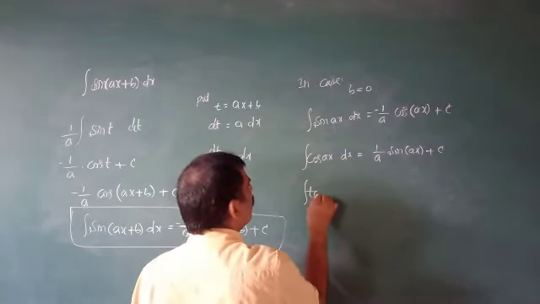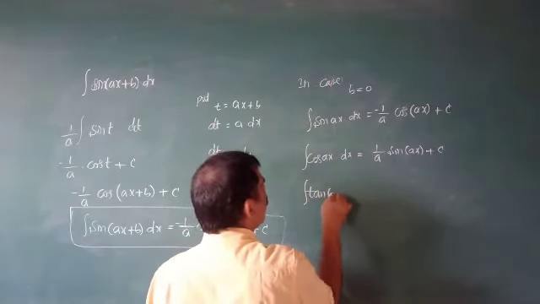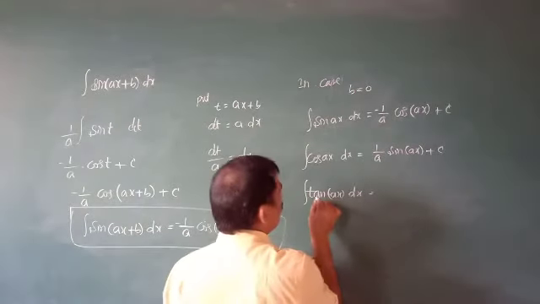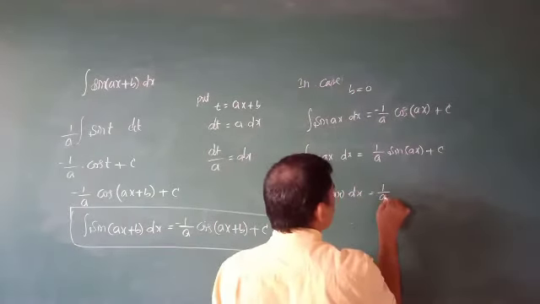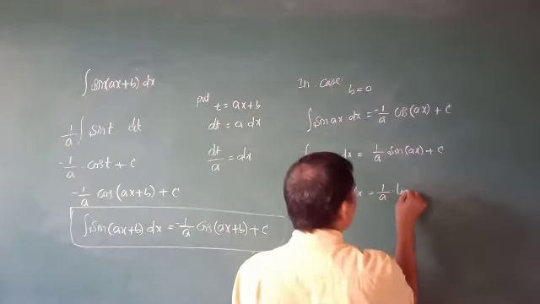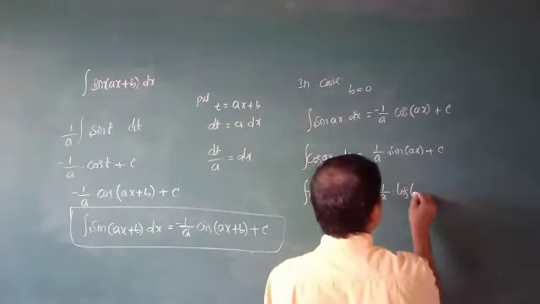Integrate of tan of ax with respect to x is equal to 1 by a into, as you know for tan, log of secant x, so log of secant of ax plus c.